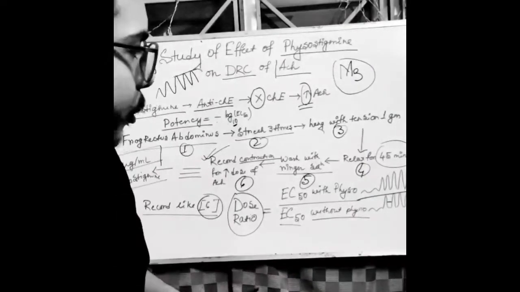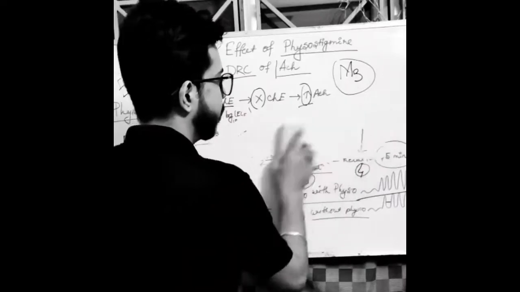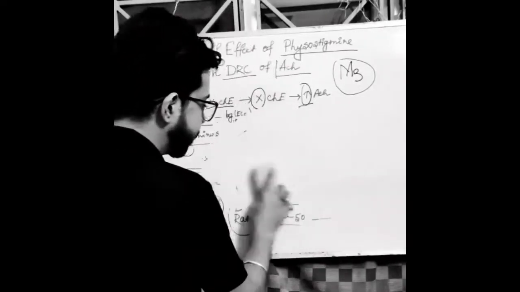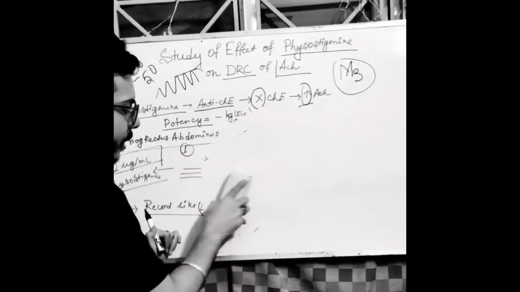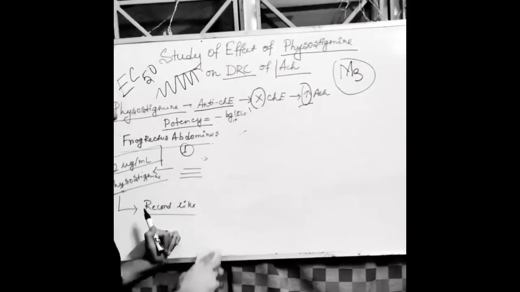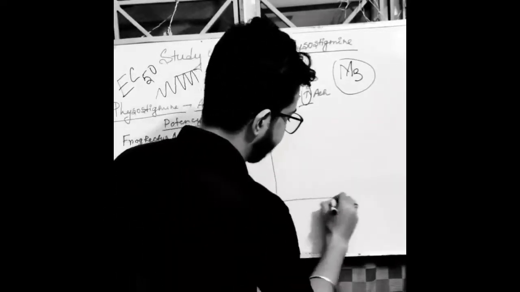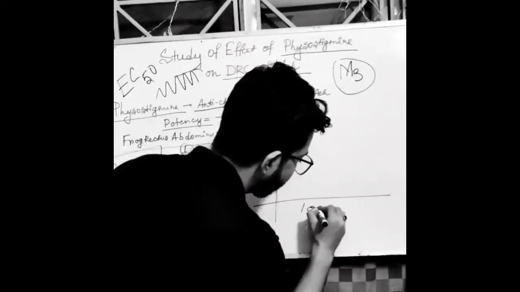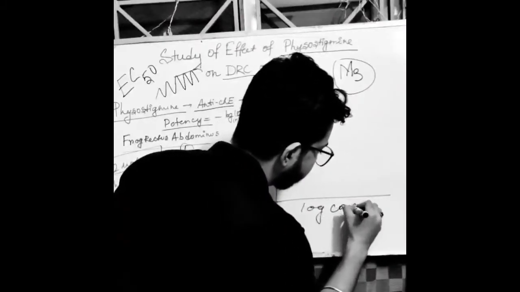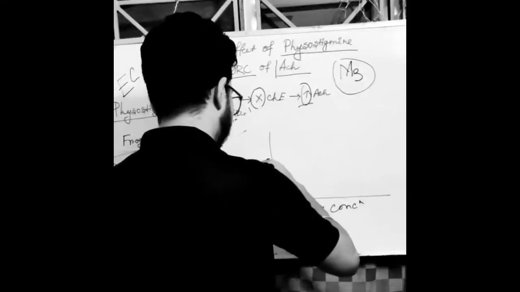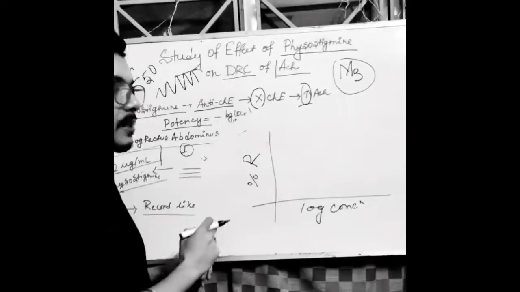So we have to calculate the EC50 value. We have to make a log graph. The graph is going to be like this. It is log concentration, and it is your percentage response.